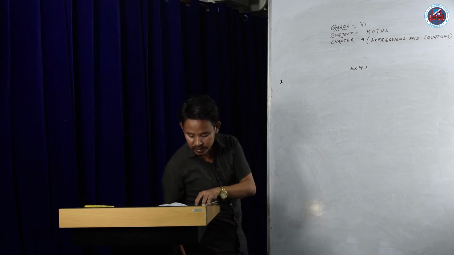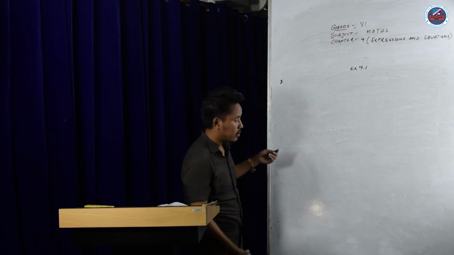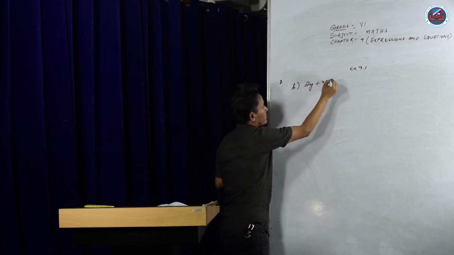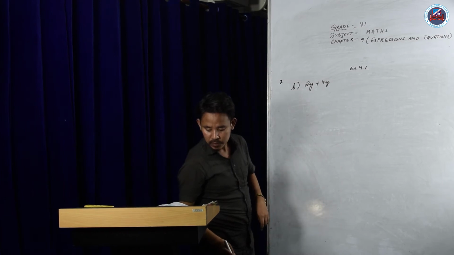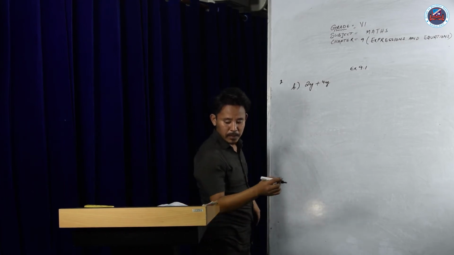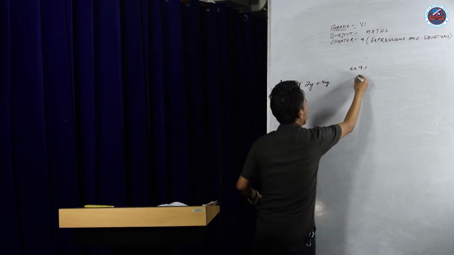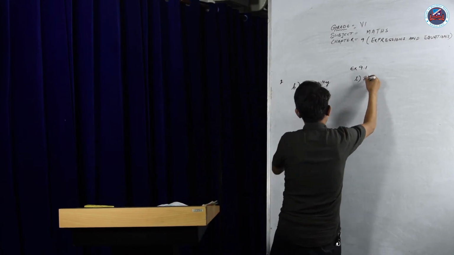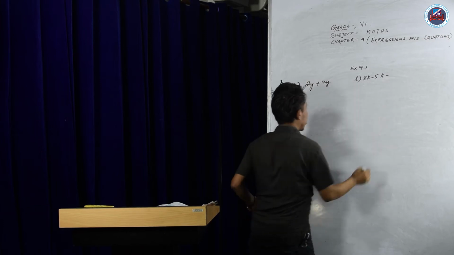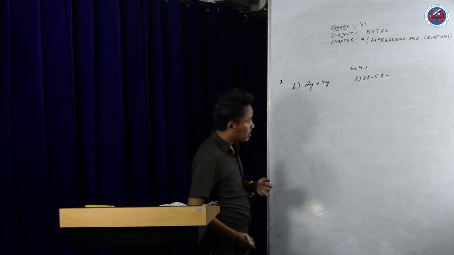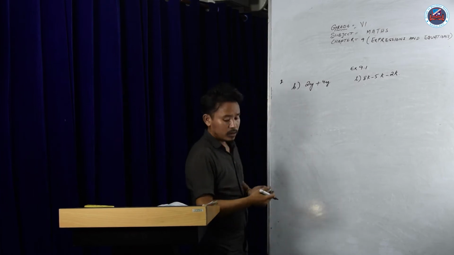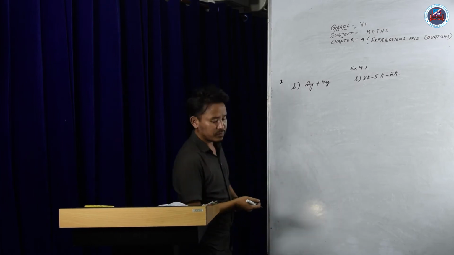From question number 2, let me do question B, 2y plus 4y, and let me do L, that is 8k minus 5k minus 2k. The question is to simplify each of these.